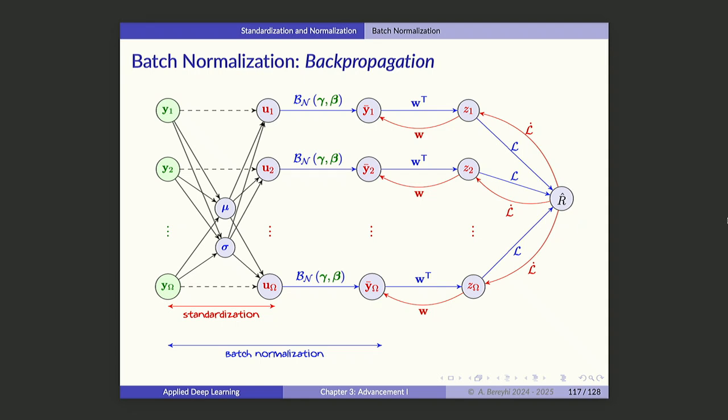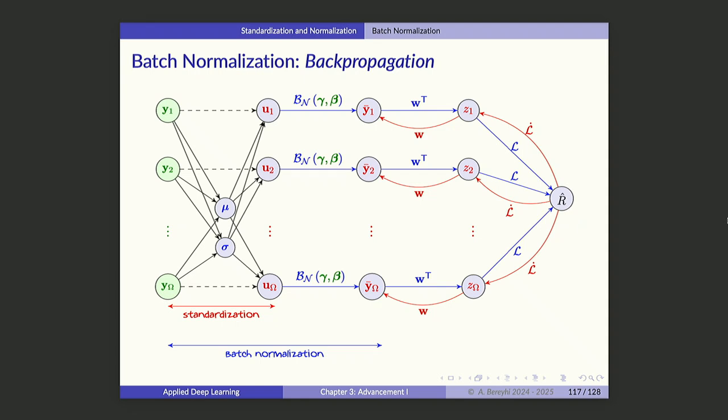There is no connection from the first y bar to u2. So this gradient is going to be 0 anywhere but the point where i is exactly omega, and then I don't need this term anymore. You see that, right? Everybody's clear?